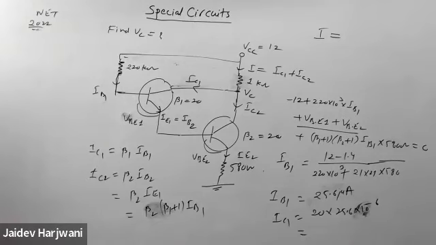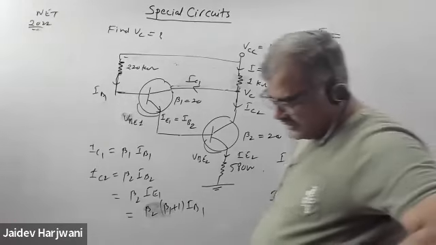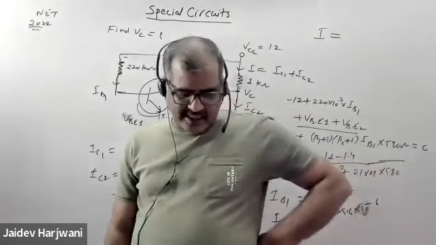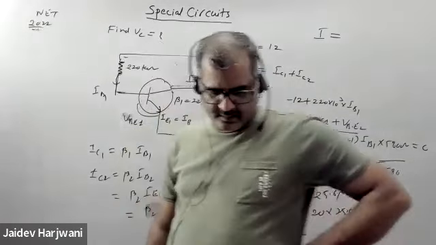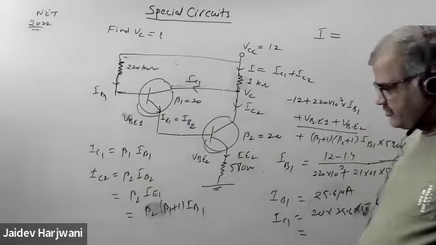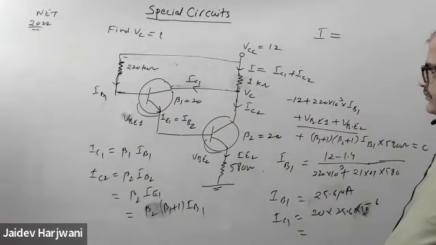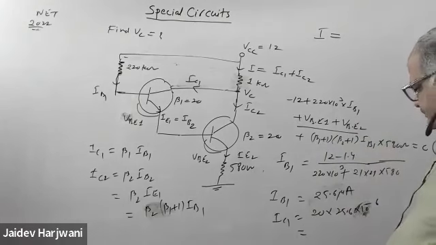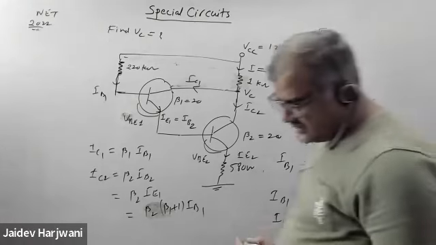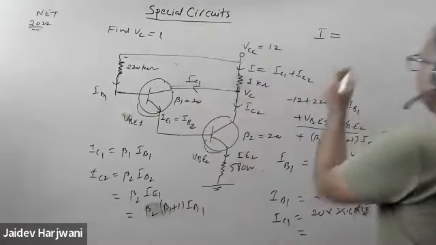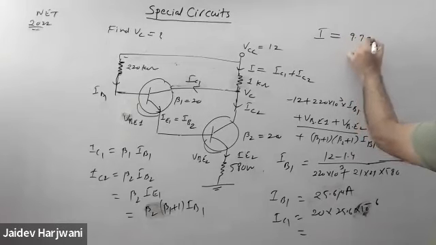Sir, the value of I is 10.71 milliampere. 10.7, it should go to 9.7. 9.7 should come. This is how much? Anyone else? What I have as answer is 9.798. 9.798 milliampere.